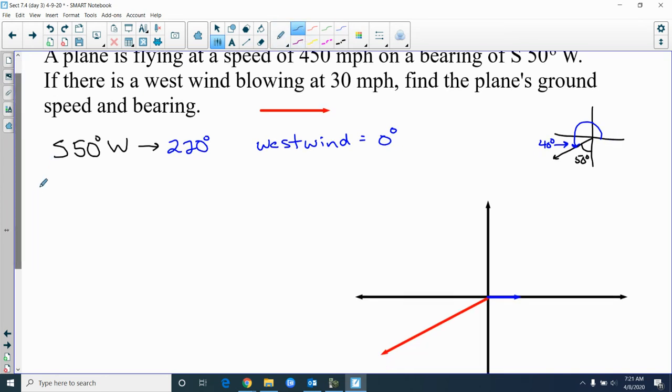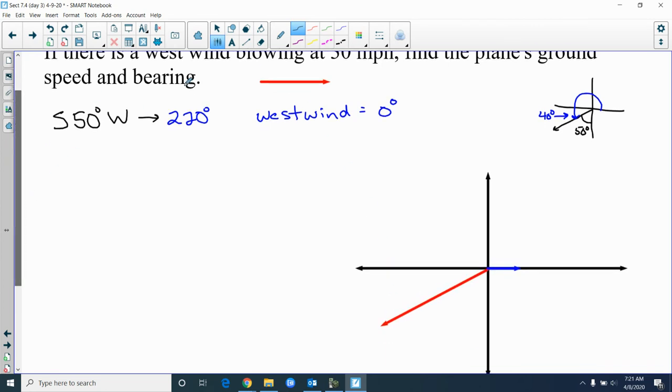All right, now once we have everything in terms of direction, we can go to ij form and add them together. So let's let the plane's speed be represented by a vector. Here is the wind. Now I'm going to move the wind to here, and that's how it's going to affect the plane. It's going to push it towards the axis.